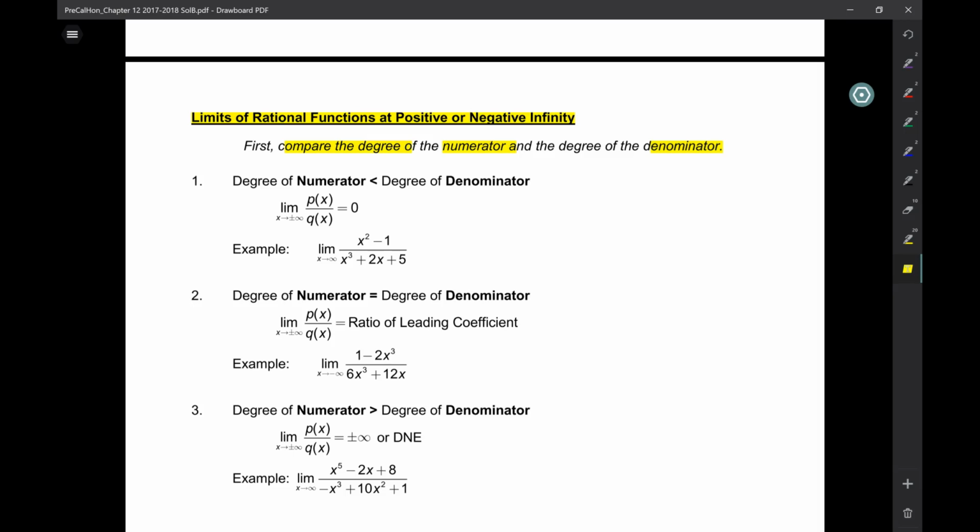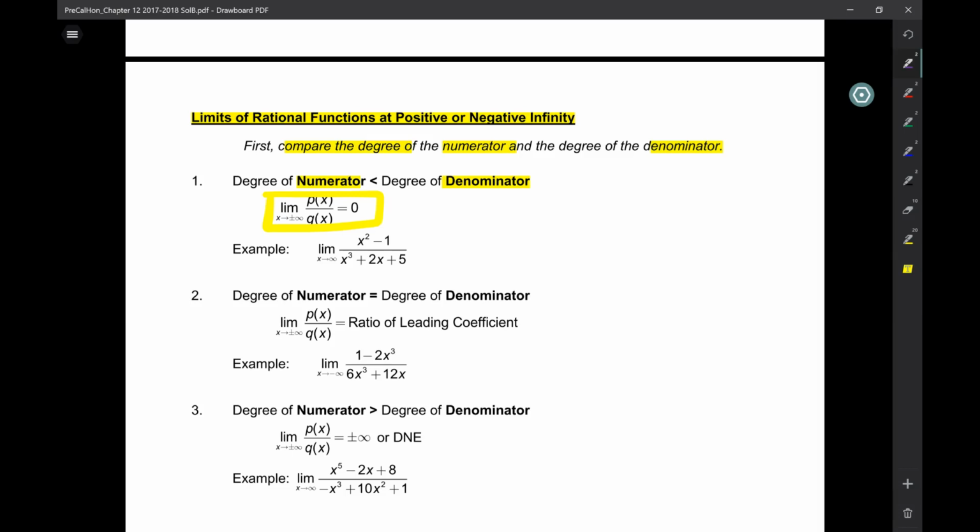Now, if the degree of the numerator is less than the degree of the denominator, numerator is less, denominator is more, the limit is 0. Okay? I don't like you memorizing things. So let's not memorize.